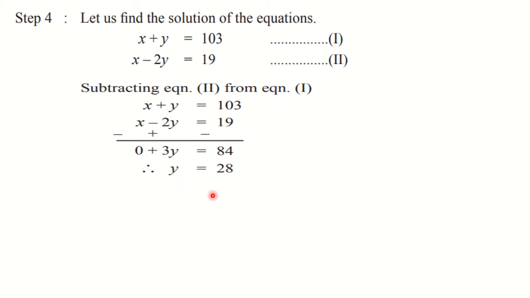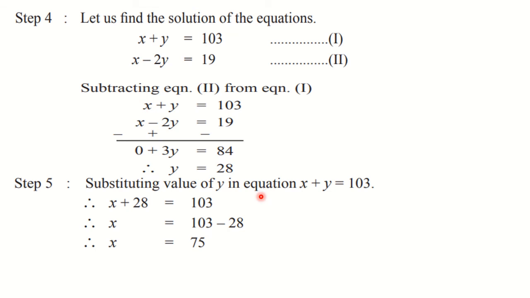Now this value we are going to substitute in any one equation. See, equation number 1 is easy, so we are substituting in equation 1. That is x plus y is equal to 103. y we are replacing by 28. So x plus 28 is equal to 103, and therefore x is equal to 103 minus 28.